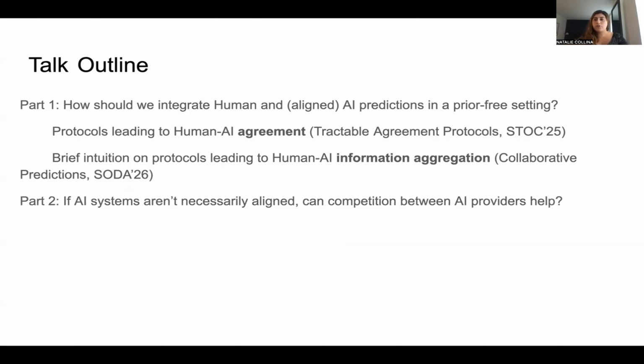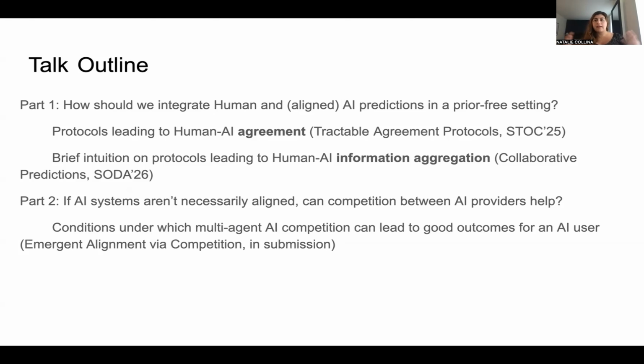And then part two, if I have time, is I'm going to talk about, well, what if they're not aligned? How can competition between AI providers help with that? I'm going to say that there are, in fact, conditions under which competition between different AI providers can lead to aligned outcomes, even if the AI providers aren't aligned themselves.